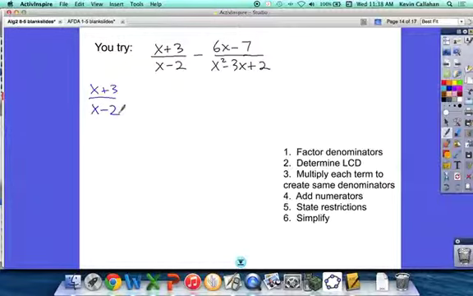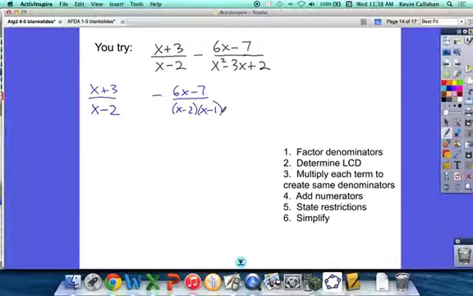I'm going to leave some space because I'm pretty sure I'm going to have to multiply here. And I'm factoring the denominator. The factors of 2 that add up to negative 3 are negative 2 and negative 1.